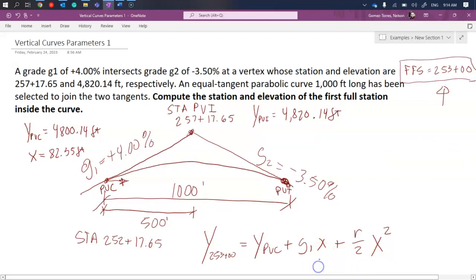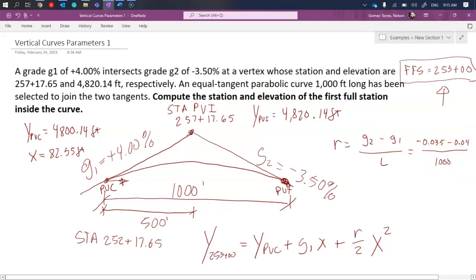We now need to calculate R. And R follows a formula: G2 minus G1 over L. G2 is going to be negative 0.035, minus G1, which is positive, so minus 0.04, divided by 1,000.